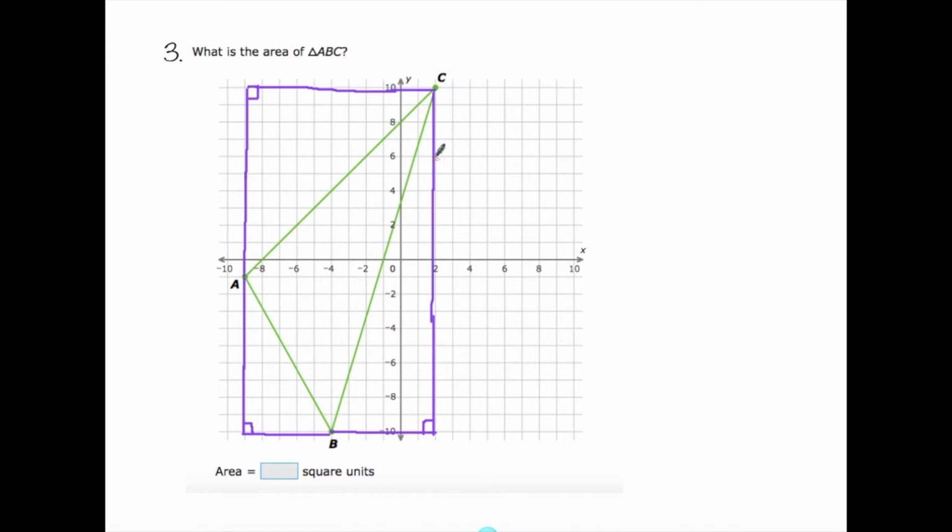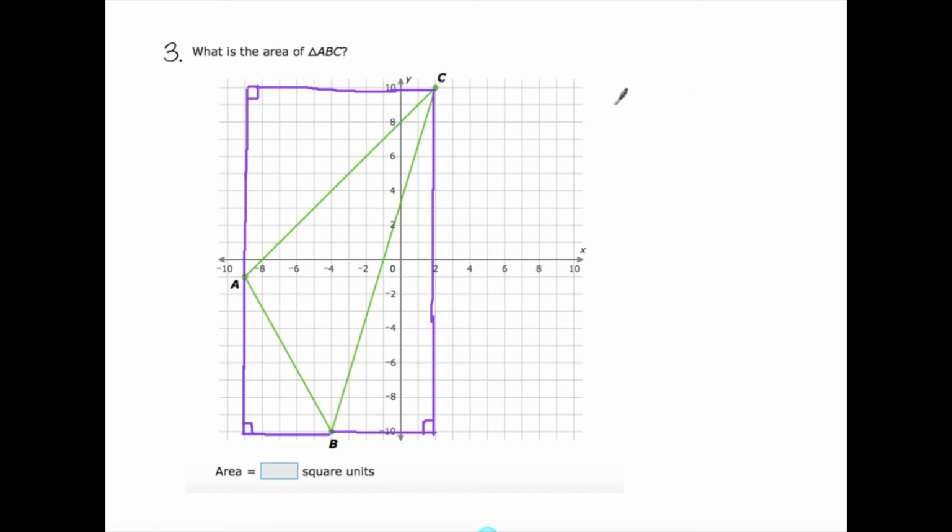Well, if we look, now we have formed a rectangle, and this entire green triangle is within that rectangle. And if we could find the area of the rectangle and then subtract this area, and this area, then that is going to give us the area of our triangle ABC.